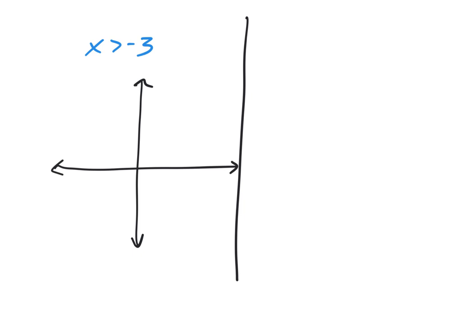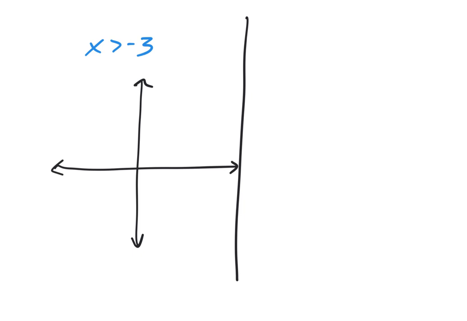Which axis is it going to cross? It's only going to cross the x, right? So if it only crosses the x, then what kind of line is it going to be if it never crosses the y? Undefined slope, right? It's a vertical line, straight up and down.